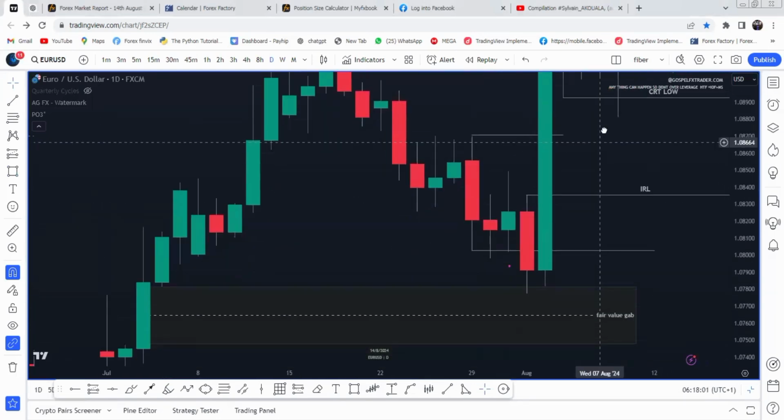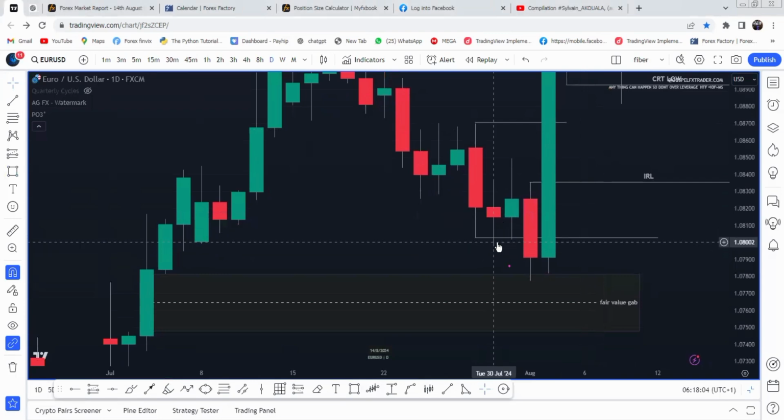But remember, this CRT grab here did not grab any liquidity. You could not see any key point that price was acting on here. So before you are expecting a reversal, you should ask yourself, is price grabbing liquidity? If, let's say, this was a turtle soup of an old low, it could be different. That's also external range liquidity.